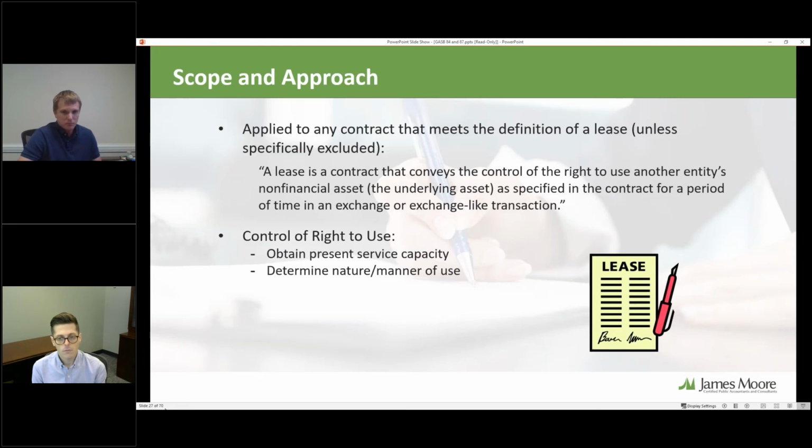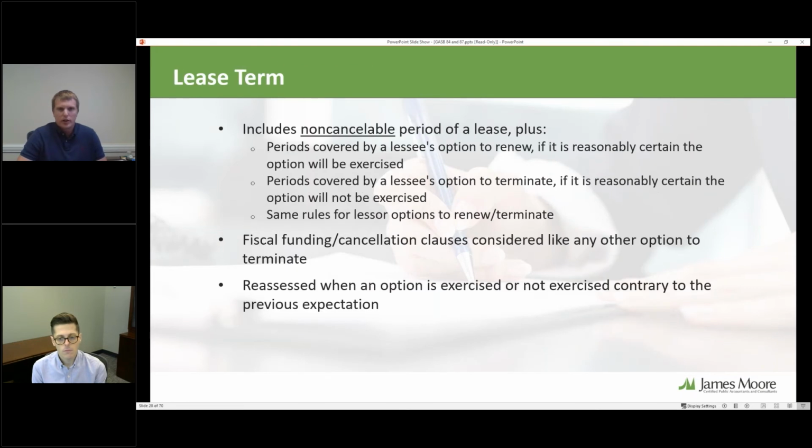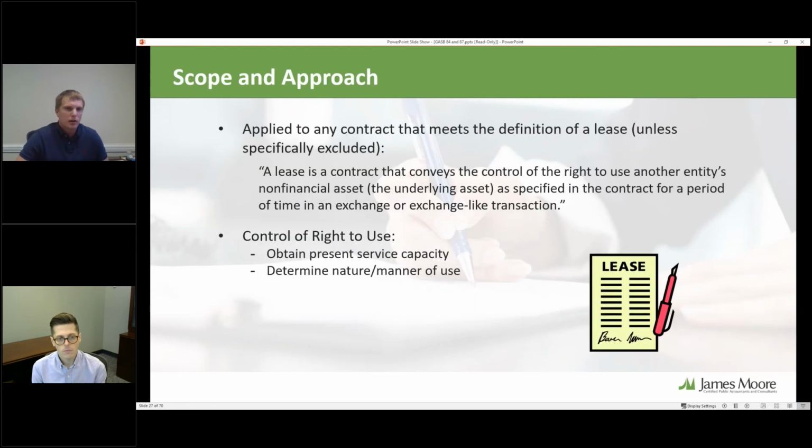Looking at the control piece just a little bit more, Stacy, if you wouldn't mind backing up just one more slide. Obtaining the present service capacity, I actually looked up the specific definition on the GASB, and what they mean by that is obtaining the use of the asset and its existing capability to enable the government to provide services.